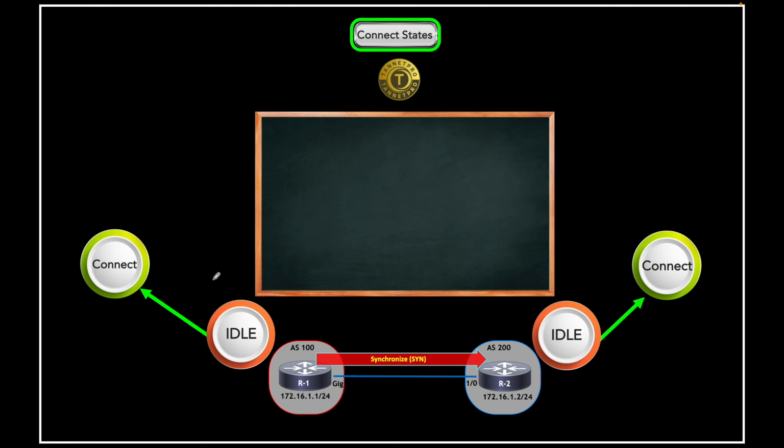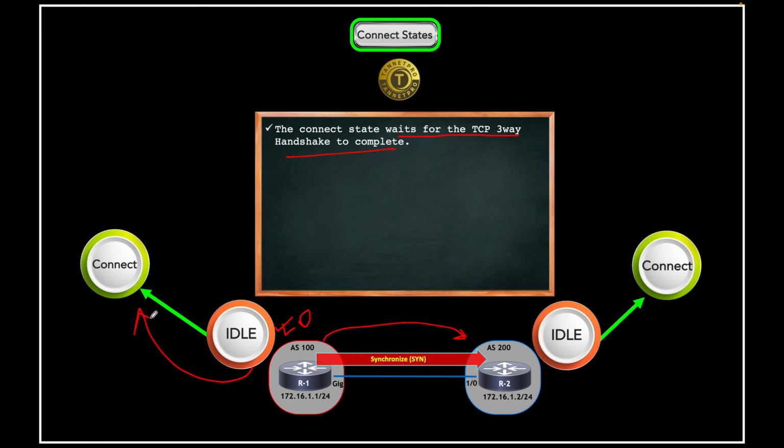Now in the connect state, what happens basically? In connect state, it waits for the three-way handshake to successfully complete, right? Because in the idle state, it sends one SYN request and also listens, and meanwhile it changes state to connect state, so that in connect state it waits for the response from its configured BGP neighbor, so that it can get a response to successfully establish the three-way handshake.